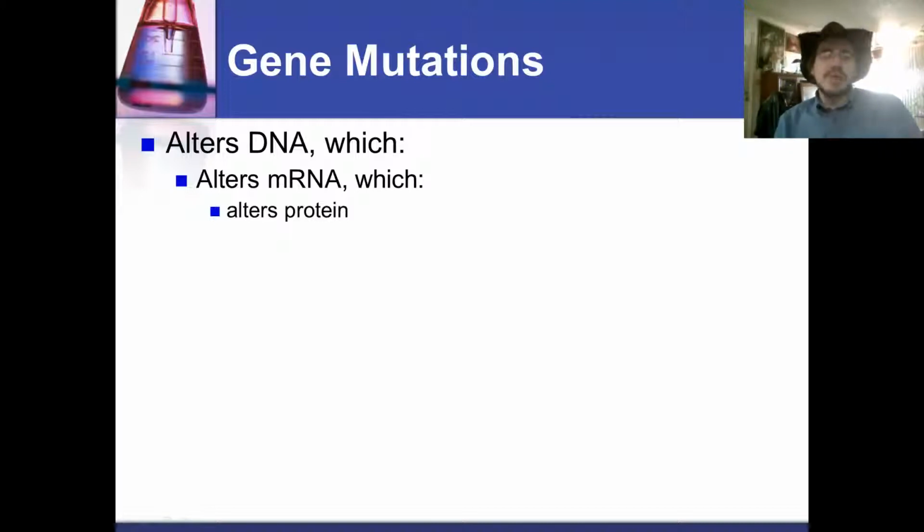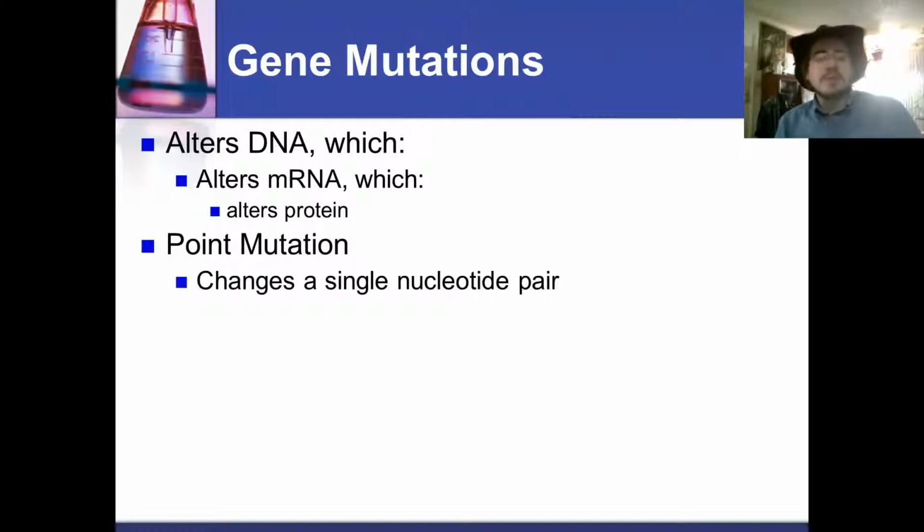So gene mutations cause alterations in gene expression or alterations in protein synthesis. There are a couple of different kinds of gene mutations. One is the point mutation. In the point mutation, you have a single base pair changed. So maybe it was originally an A to T, and suddenly it's changed to a G to C. That's a point mutation, a single pair altered.